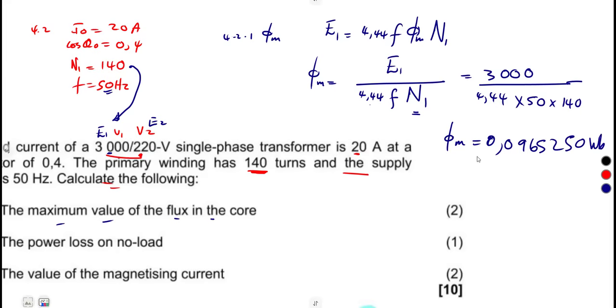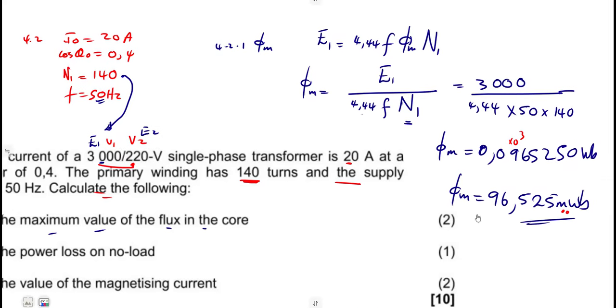So you convert to milliwebers if you want, just multiply by 10 with exponent of 3. Your answer will be automatically in milliwebers, 96,525. In milliwebers. You can convert it by multiplying by 10 to the exponent of 3, whatever that you're having on your calculator.